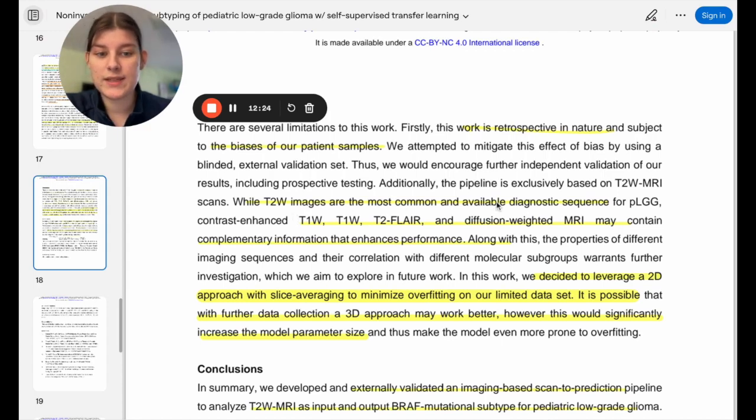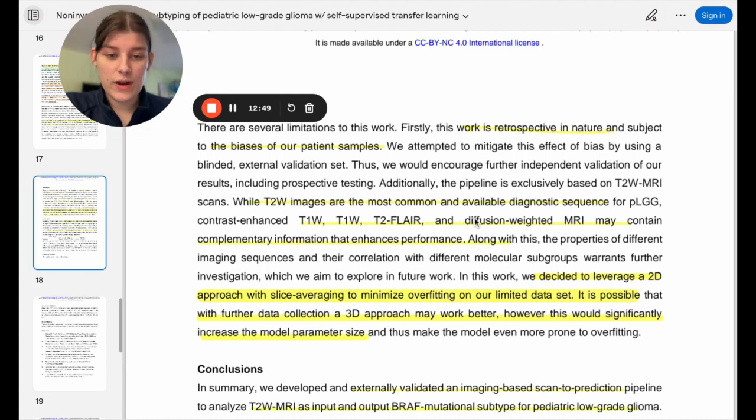For this one, because it was pediatric low-grade gliomas, they primarily used T2 weighted MRI scans. If they were to add the FLAIR or the T1 and the diffusion weighted MRI, or even one with contrast enhancement, that could help improve the accuracy.